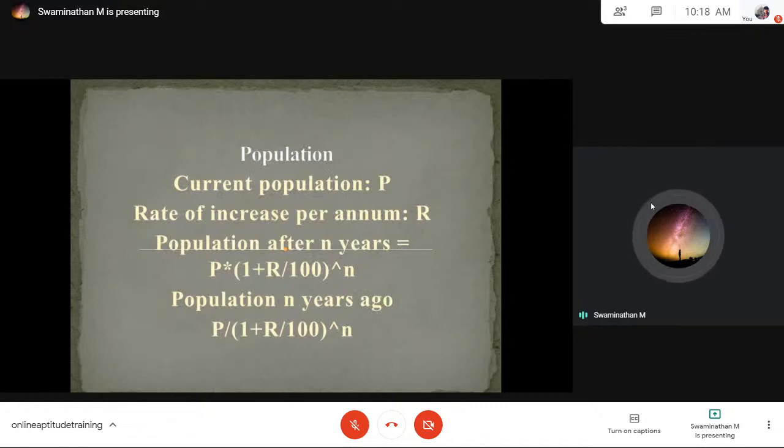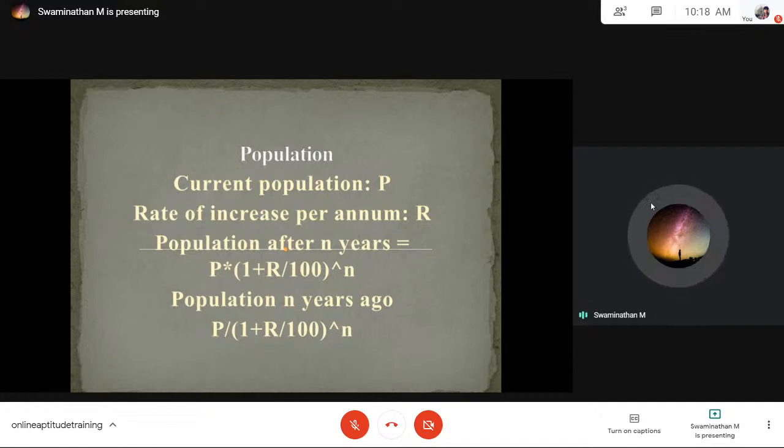Here is another important topic. There are two more topics in percentage: population and depreciation. If you know the current population and the rate of increase per annum, you might be asked to find the population after n years or n years ago. So you need these two formulae to compute them.